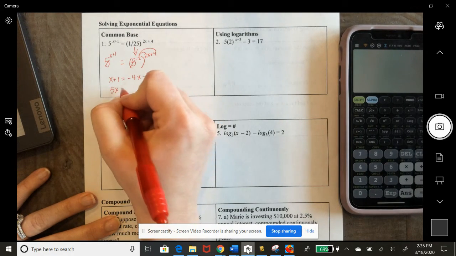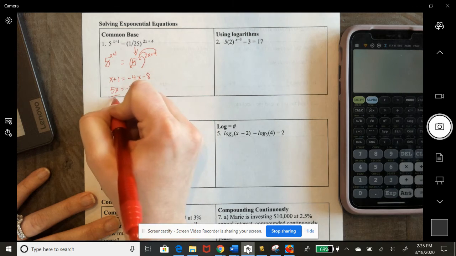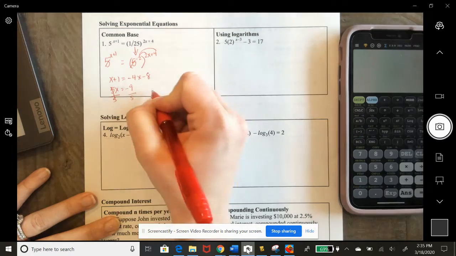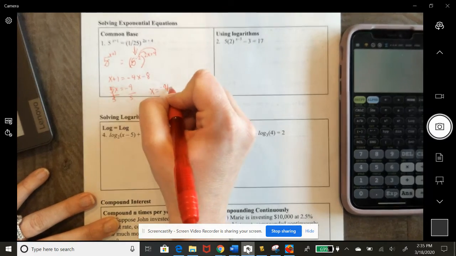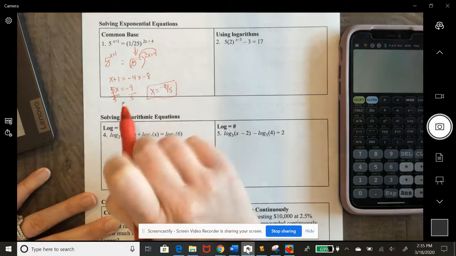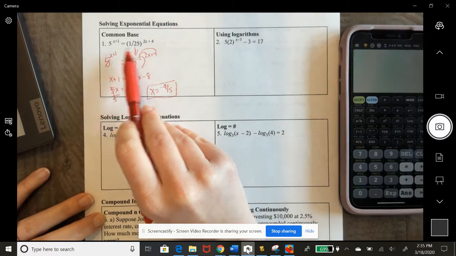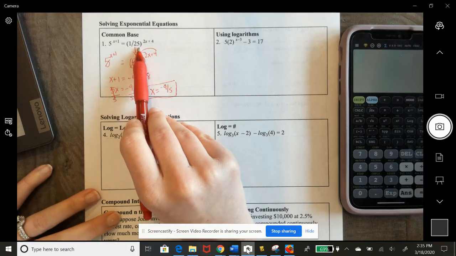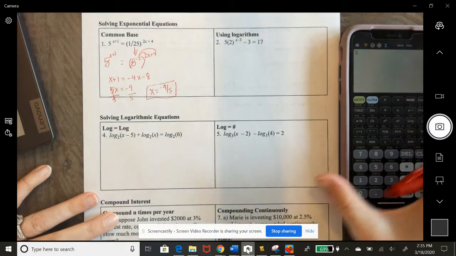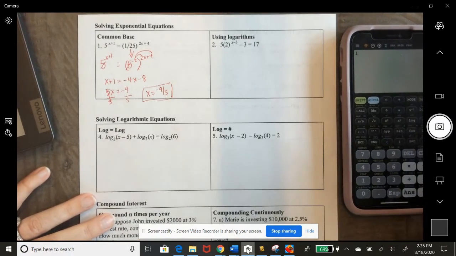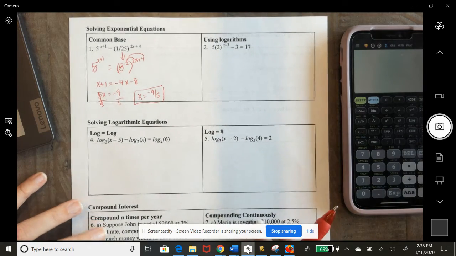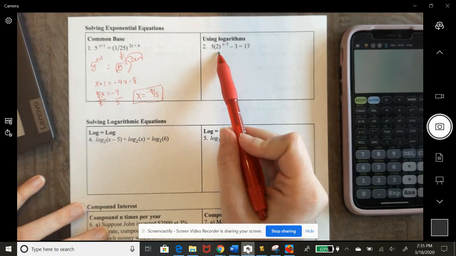Subtract 1, that gives me negative 9. And then divide by 5. So we get x equals negative 9/5. If you have two things raised to a power, see if you can get a common base first, and then rewrite and solve.